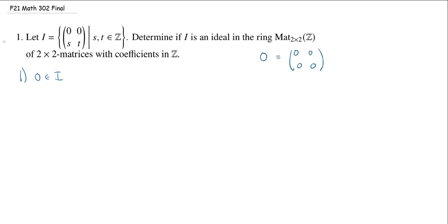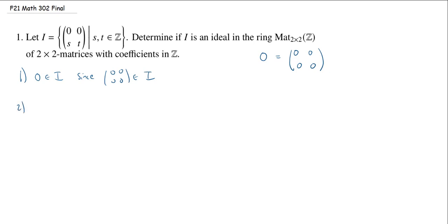So this is really just a matter of, does this fit the form? Yes: 0, 0, something in Z, something in Z. 0 is something in Z, so this is very clear. So the matrix 0, 0, 0, 0 is definitely an element of I.